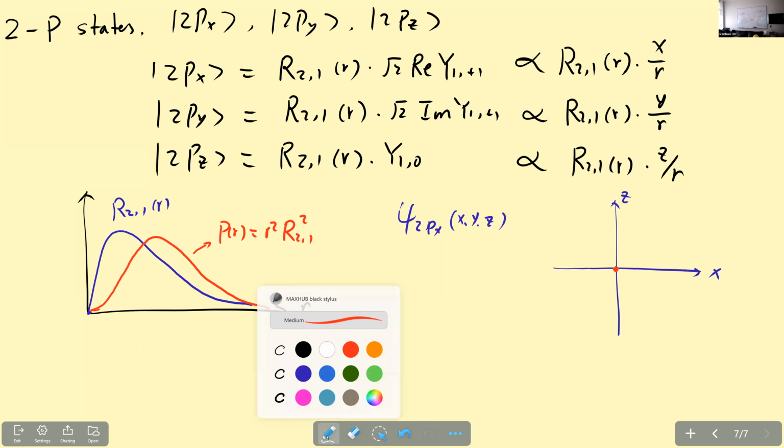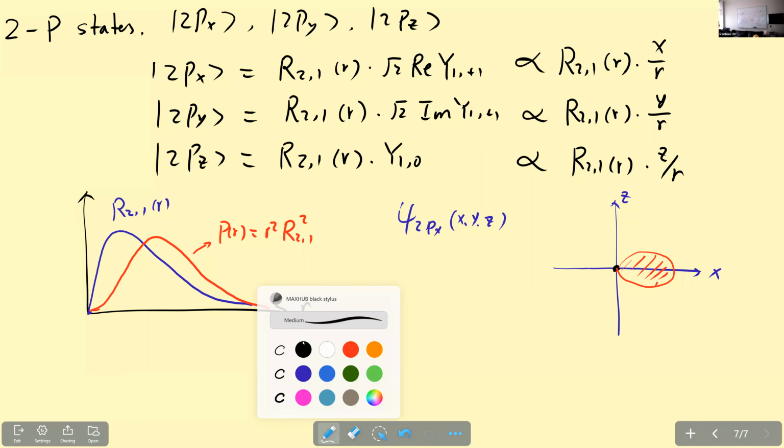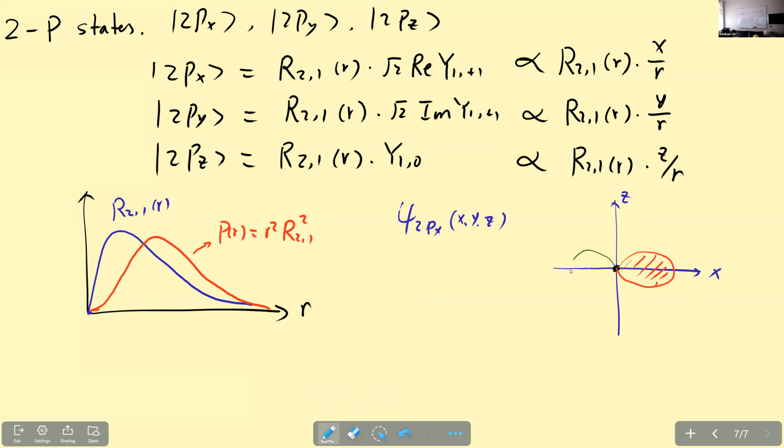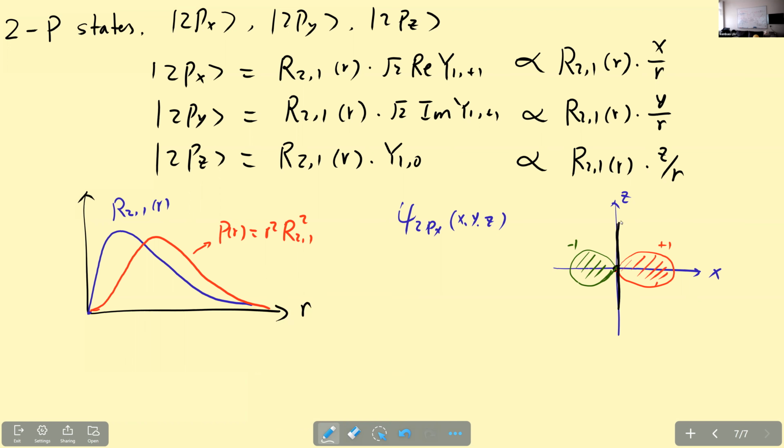And then it goes like this. And it's anti-symmetrical, right? So here you have a minus sign, and here the wave function has a plus sign. And along this one, the y-axis. Okay, so if we plot this one as well.